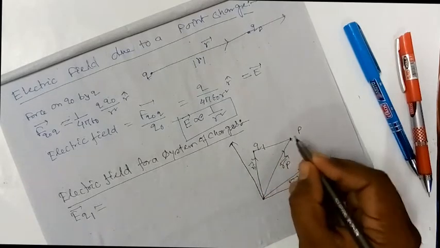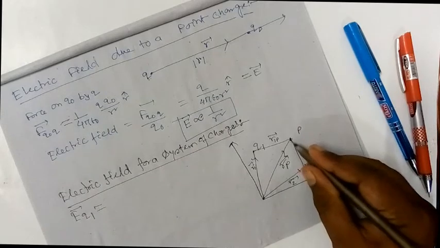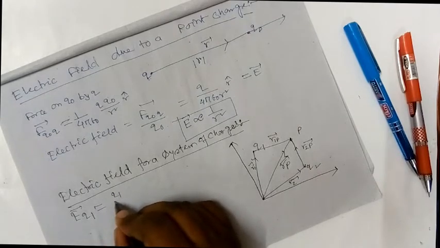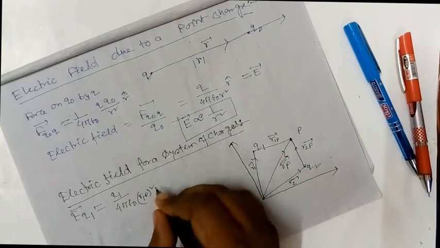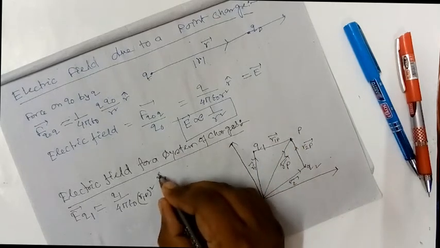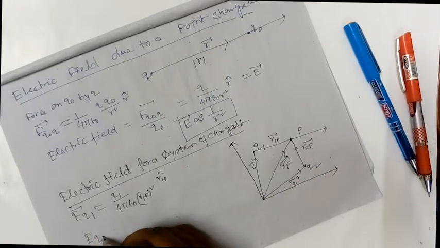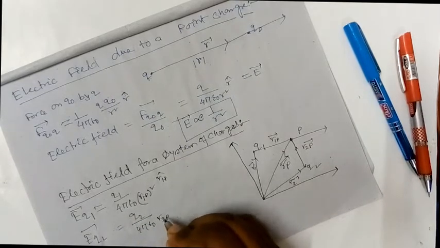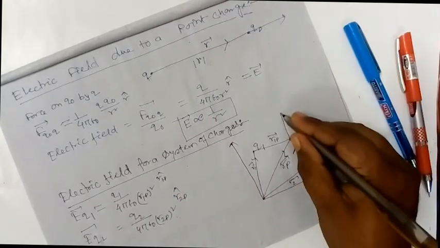So this distance I am taking as R1P vector, and this is R2P vector. So EQ1 is Q1 by 4 pi epsilon naught R1P whole square, and the direction should be from 1 to P, that is R1P cap. It will be directed along this direction. EQ2 is Q2 by 4 pi epsilon naught R2P square R2P cap, acting in this direction like this.